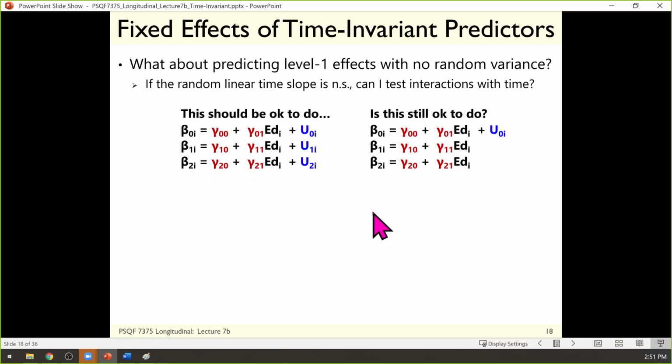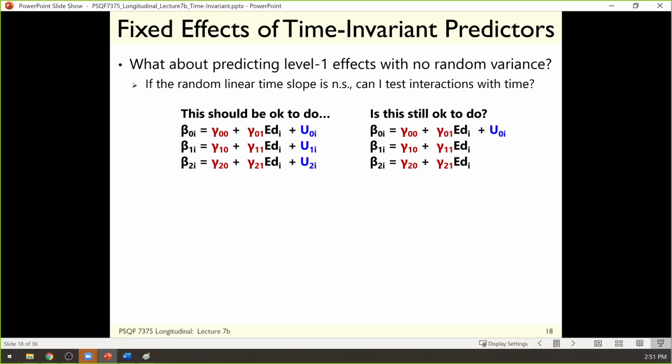So your question then, Andrea, I think is this. What if you don't have any random effects? So this is actually pretty common. In studies that have relatively small level 2 sample sizes, they have relatively low power to detect random effects.